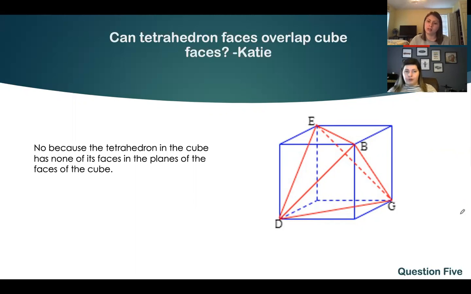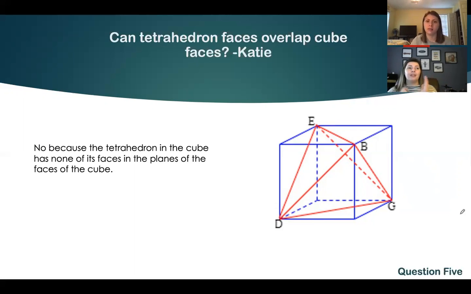The way that I think about it is, if you have a small tiny pyramid and you're going to put it into a gift box, and you put it in this way and it fits in there, but you can't close the lid on the box, that means it wouldn't fit. So this is the angle that you would have to put it in there at for it to fit in the gift box and close.